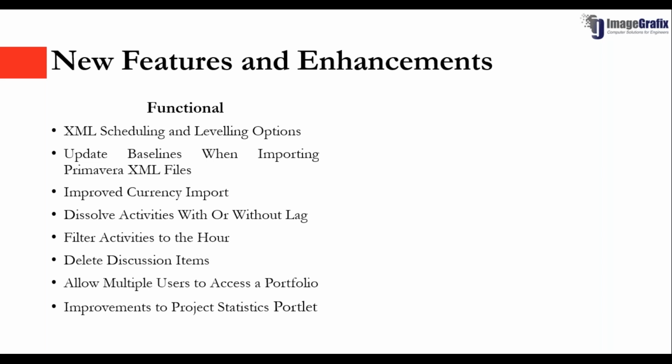These are: three new features and enhancements for XML files, dissolving activities with or without lag, new features for filtering activities, and improvements in project statistics portlets. We will see all the features in detail in the coming slides.